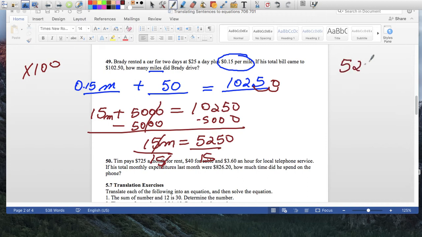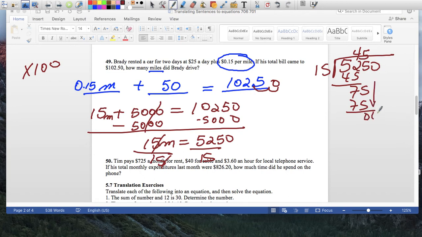So 5,250 divided by 15 is going to be 3, 45, 75, bring the 0 down, and you have to put a 0 here. So 350. So m equals 350. So how many miles did he drive? When he rented a car, he drove a total of 350 miles.